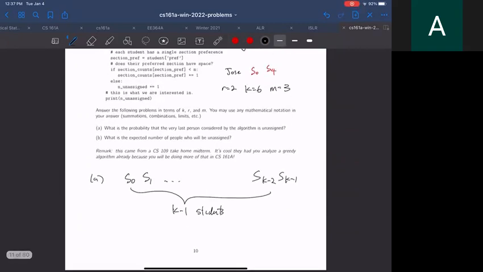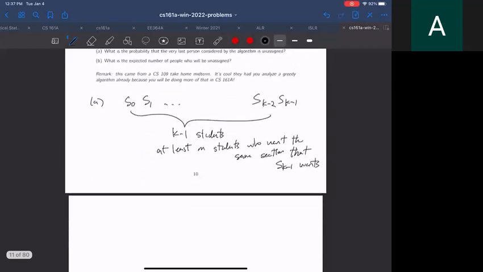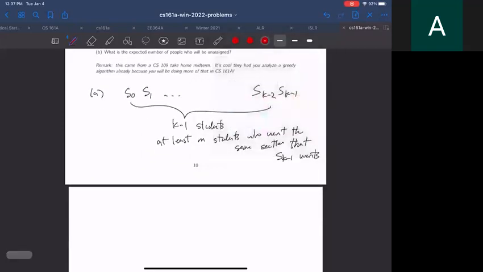And we need S_{K-1} to not be able to join the section that they want, which means out of all these K minus 1 students, there needs to be at least M students who want the same section that S_{K-1} wants.